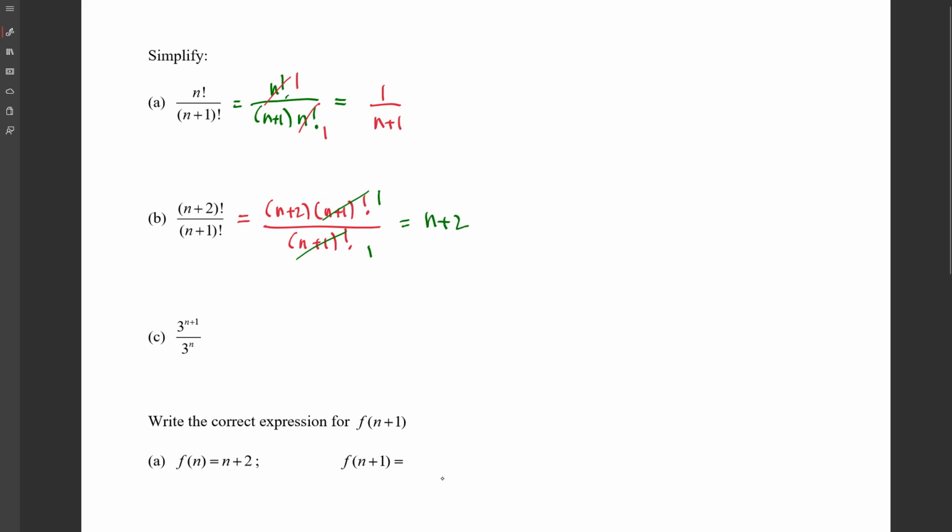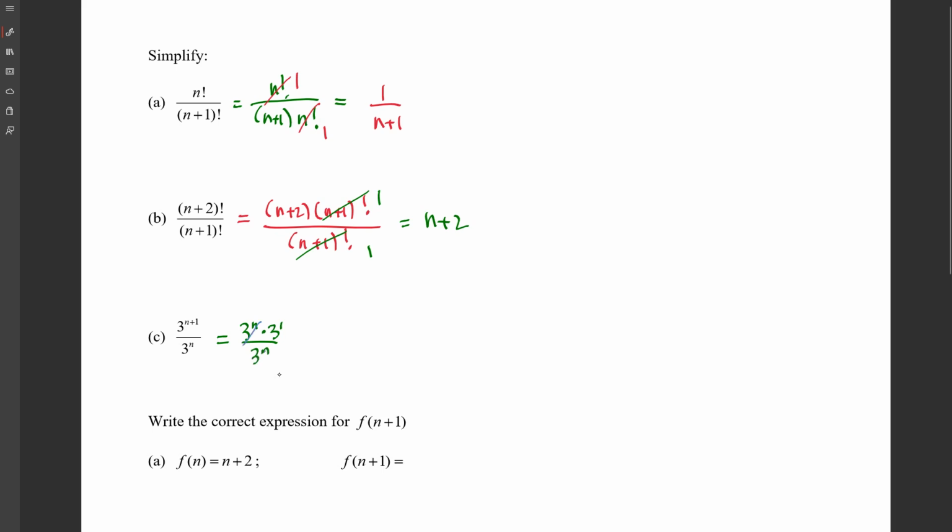Finally, a problem like this one right here. One way to do this is to say 3 to the n plus 1 is really 3 to the n times 3 to the 1, because when you multiply things with the same bases, you add the exponents. And the denominator here is 3 to the n.